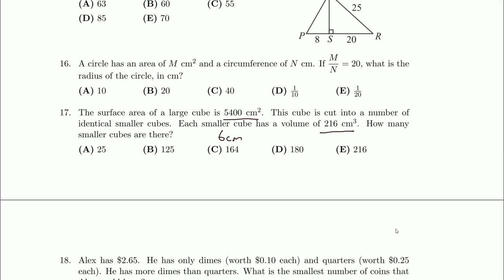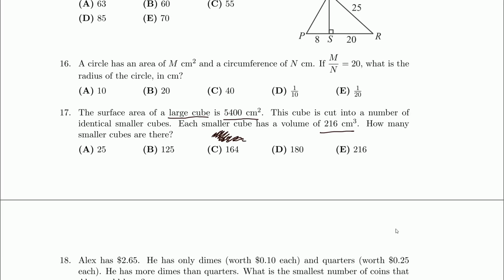What formulas do I know about cubes? What information do I need to talk about surface area? That sort of stuff. All right, how many smaller cubes are there? So we've got these identical smaller cubes. I know their volume. I don't think I'm actually going to need the side length that I have calculated. If I do, I'll remember how I get that, but I think if we could figure out the volume of the larger cube and divide that by the volume of our smaller cube, that'll tell me how many smaller cubes I have.